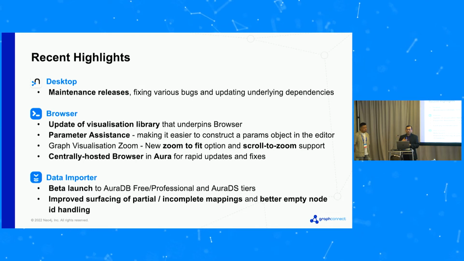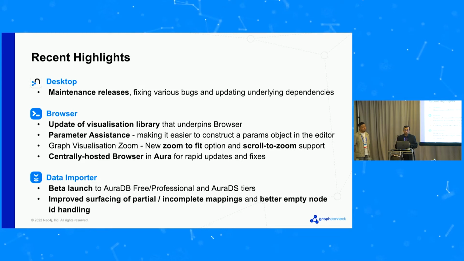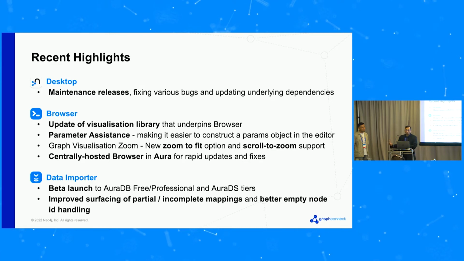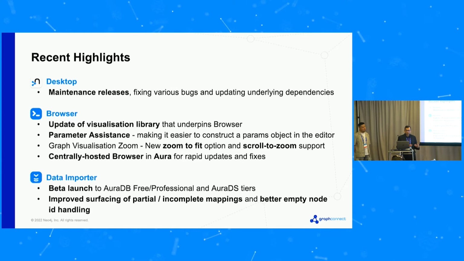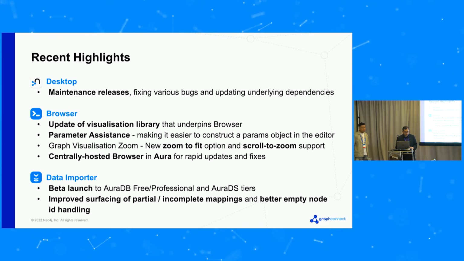And we have a much more rapid development cycle for these tools than the database does. Or your propensity to upgrade the database is maybe not as much as the tools themselves. So by centrally hosting browser, we make the latest and greatest available to you right away, and then you can use it with any database, whether that's in Aura or whether that's on your self-managed environment.